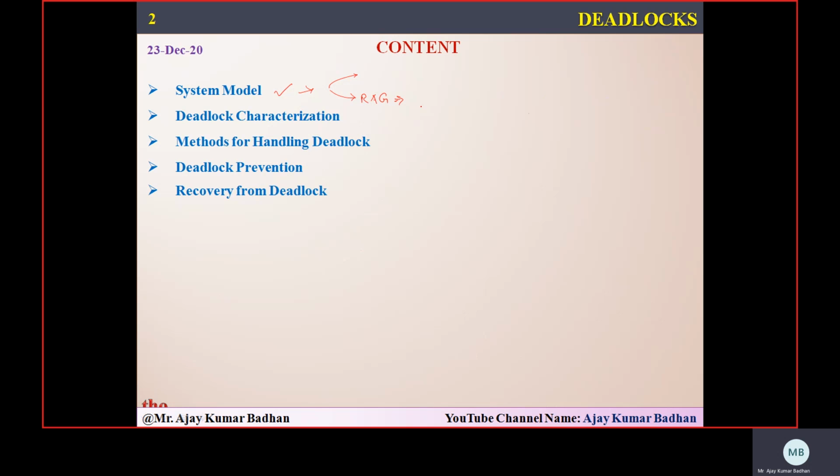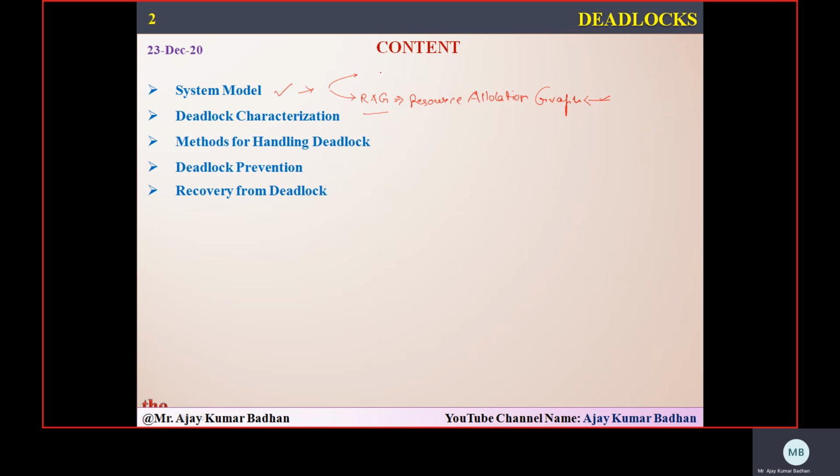I think you remember it. That is nothing but resource allocation graph. So we discussed some of the terminologies and some of the methods we are going to use in our coming sessions related to handling deadlock. In this, the first thing we discussed is RAG, that is your resource allocation graph.